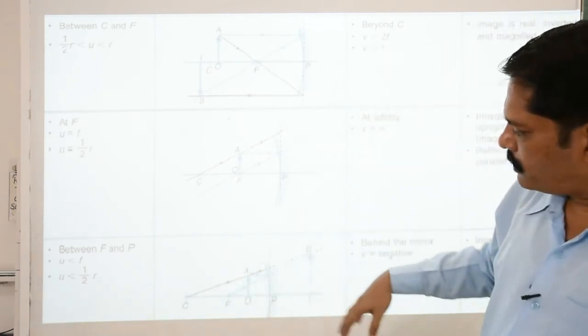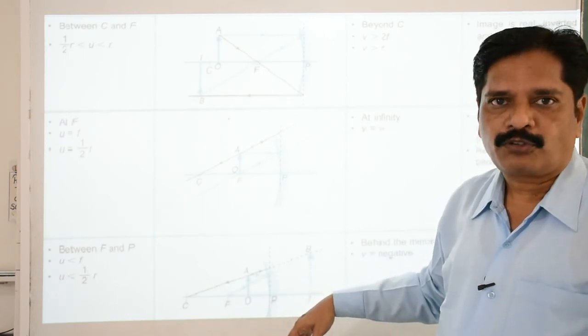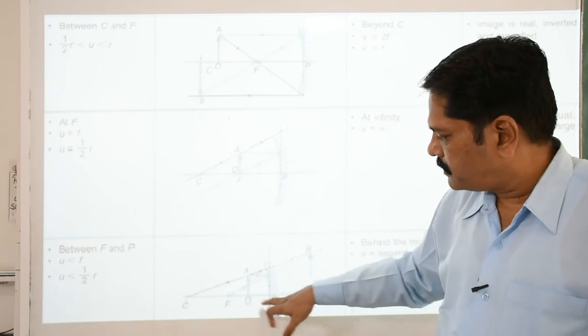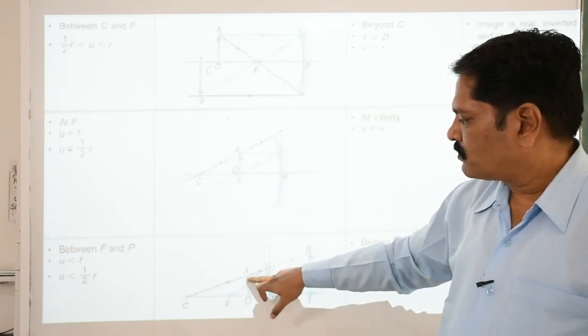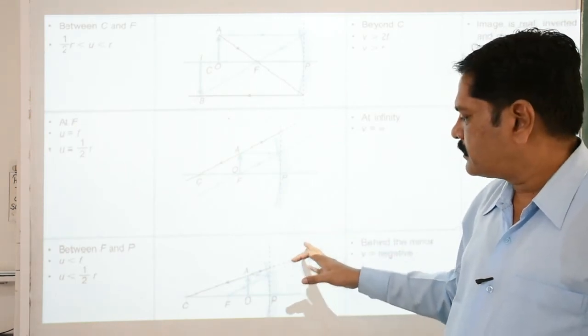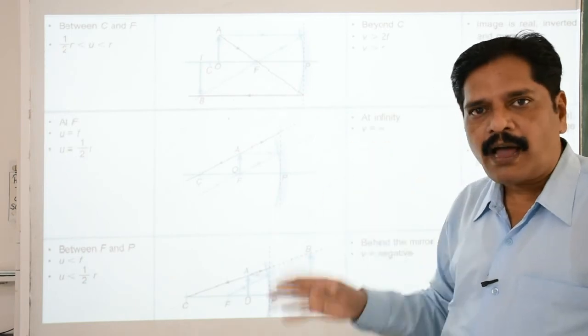Now the most important diagram, which many times is asked to draw in the final exams too. What you observe here: the object is placed between the focus and the pole. So the image will form behind the mirror. Second thing, it is erect and it is enlarged.